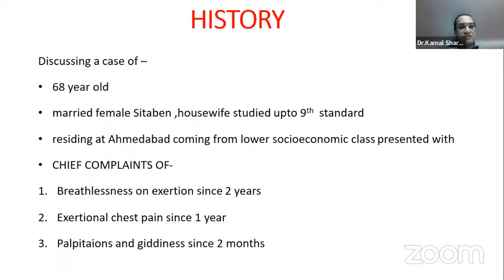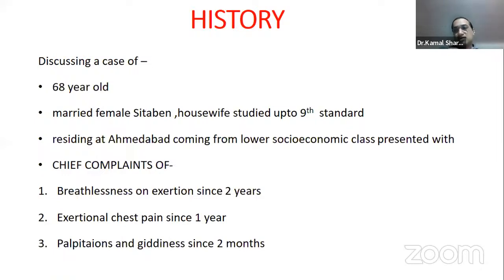So I'm discussing a case of a 68-year-old married female, Sita Ben, a housewife who studied up to ninth standard. Typical history presentation, as we know, has name, age, gender, occupation, studied, and socio-economic background as always part of it.